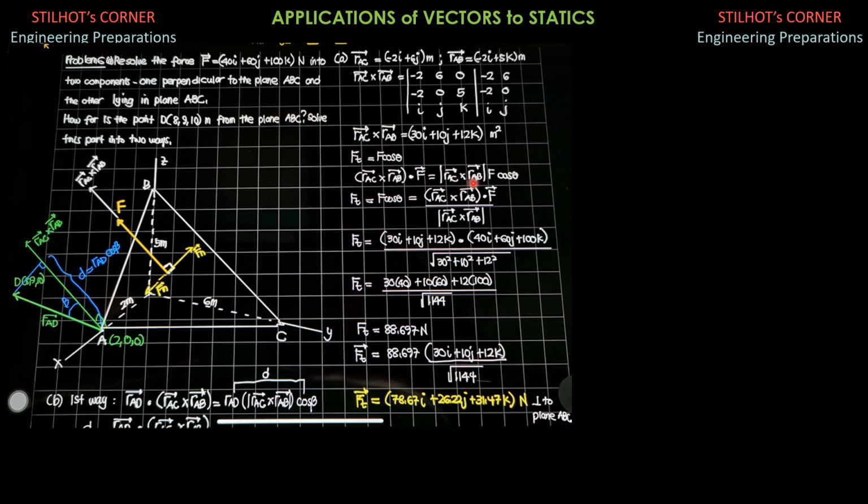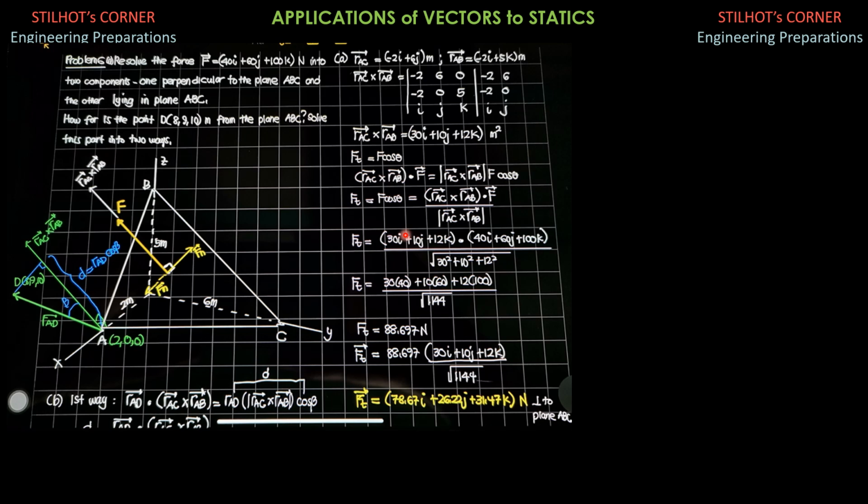So substituting, RAC cross RAB is the quantity 30i plus 10j plus 12k, then dotted with the force vector, which is the quantity 40i plus 60j plus 100k, then divided by the magnitude of RAC cross RAB, which is the square root of 30 squared plus 10 squared plus 12 squared. And it is the square root of 1144. So take note of that.